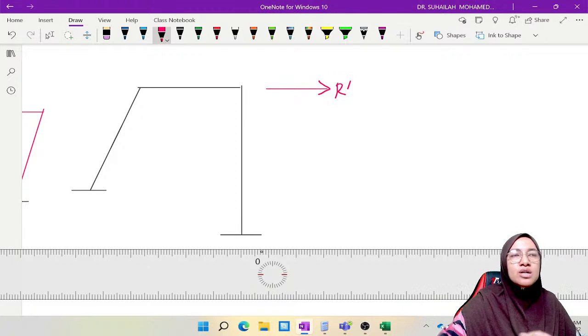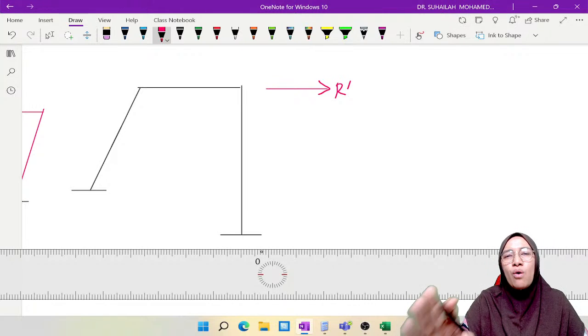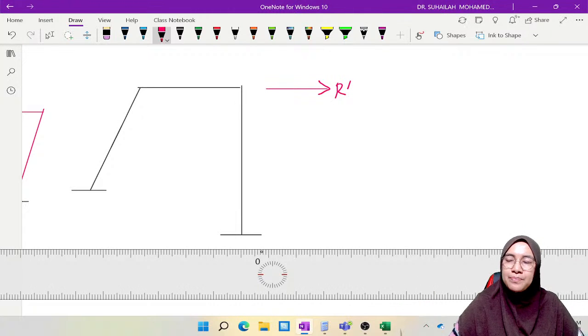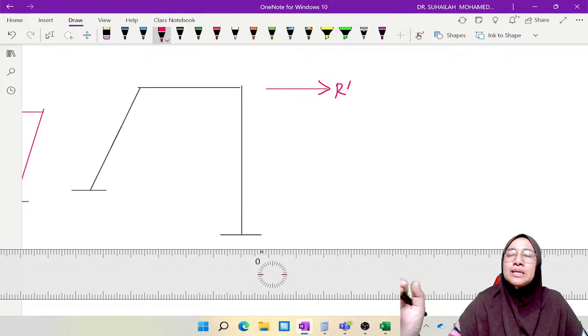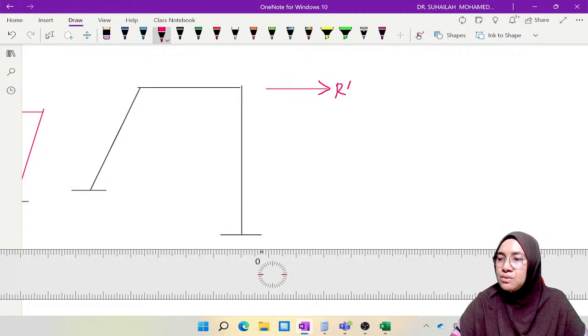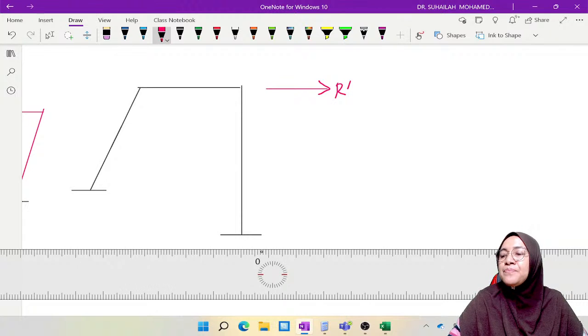Okay, I will focus on step number 3A only. Okay, this is R prime. So what happened to this frame? What we should do is identify, understand, and analyze what we have understood previously.